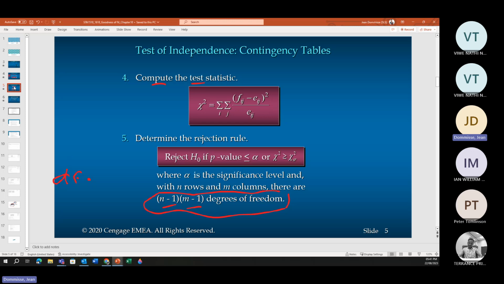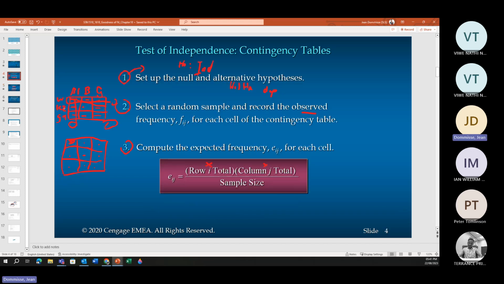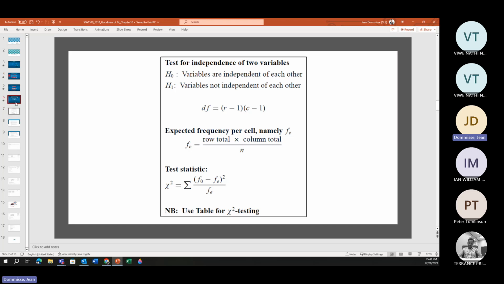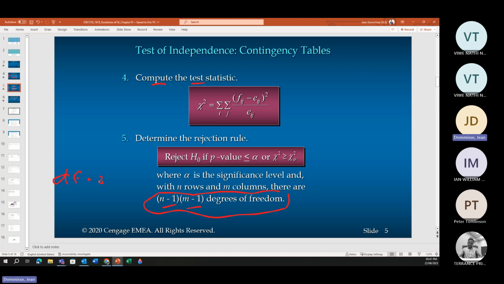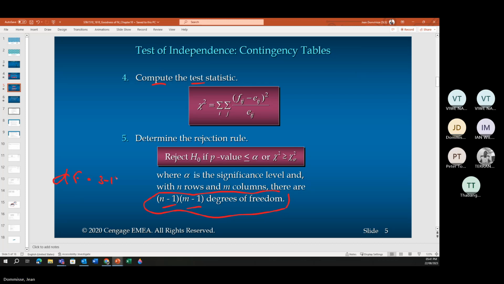If we were looking at this one, there are 3 columns and 3 rows, so I would have calculated it as 3 minus 1 times 3 minus 1, because there were 3 rows and 3 columns.